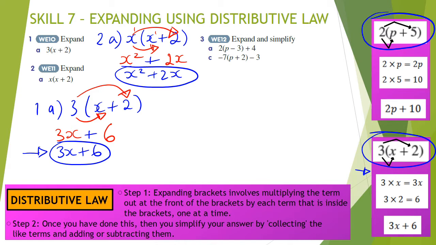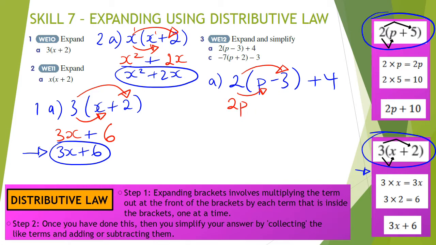In question 3, there's one extra term. So we've got question A, there's 2, bracket, p take 3, plus 4 on the end. We do 2 times p, and we do 2 times negative 3. 2 times p is 2p.